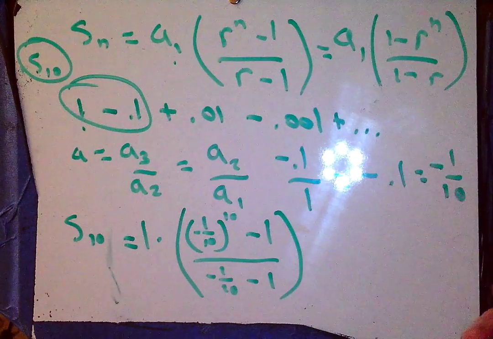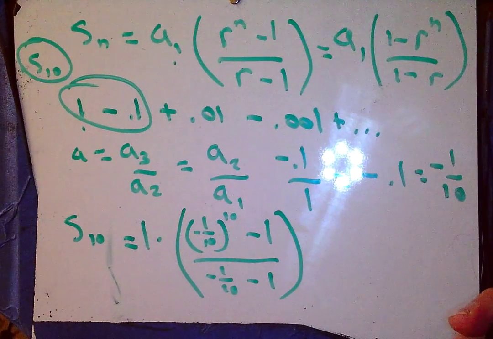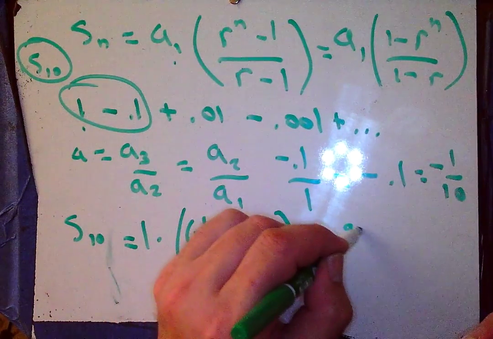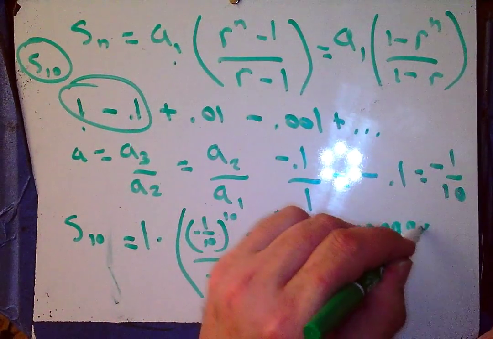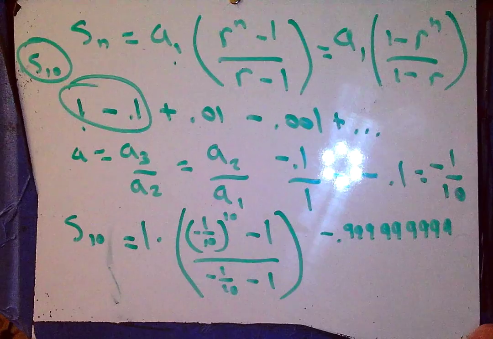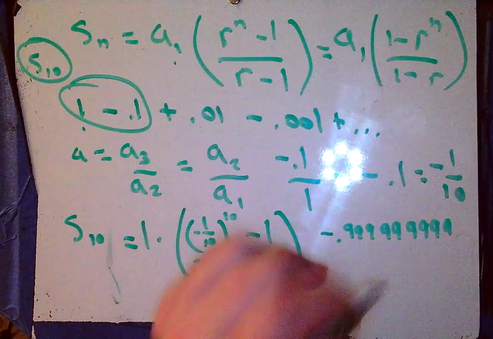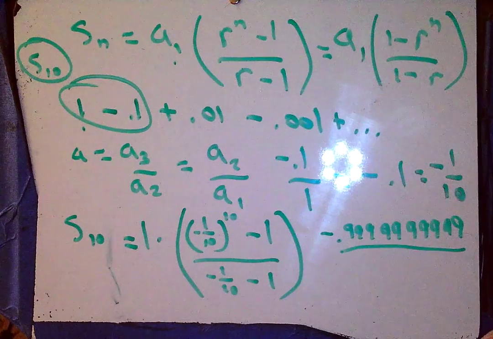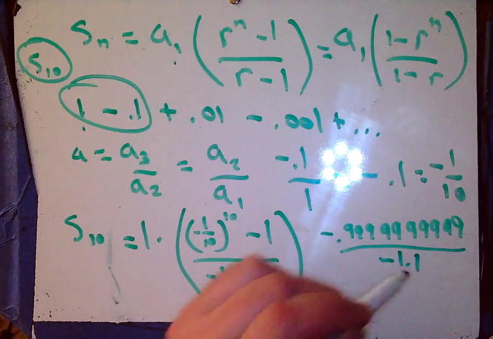Okay, so -0.1, oopsie, got to put that in parentheses, -0.1 in parentheses raised to the 10th minus 1, which is -0.999999999 over -1/10 minus 1 is -1.1.